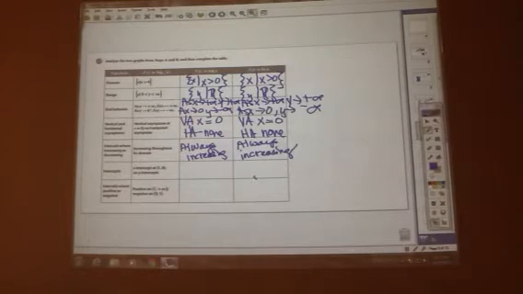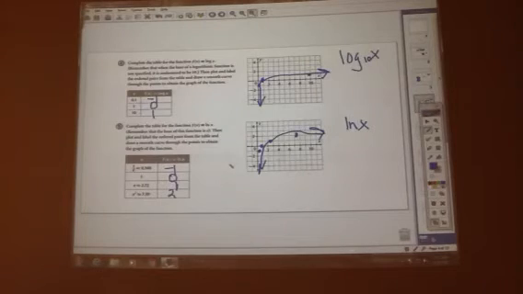All right, next part, the intercepts. Where does it cross the x-axis and where does it cross the y-axis? So we're looking for the x-intercept and the y-intercept. On our base 10, where does it cross the x-axis?